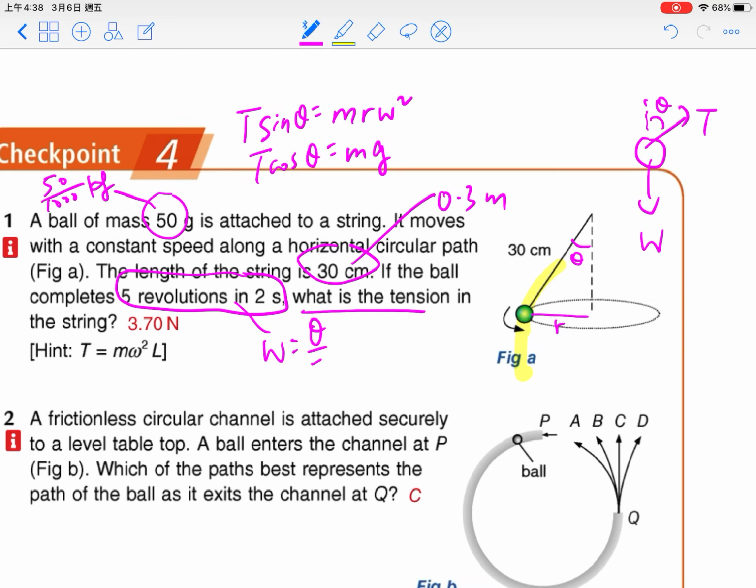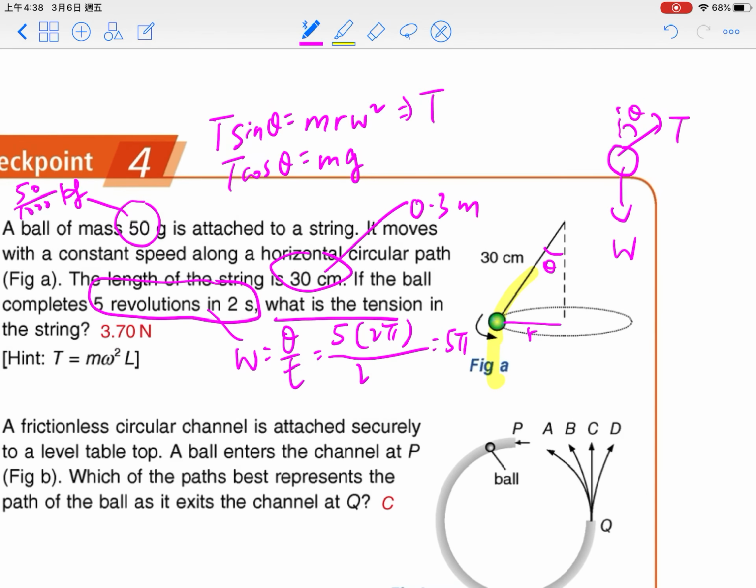You can find omega. Omega equals theta over t. 5 revolutions, so 5 times 2 pi, over 2. So it would be 5 pi. So by substitution, T.